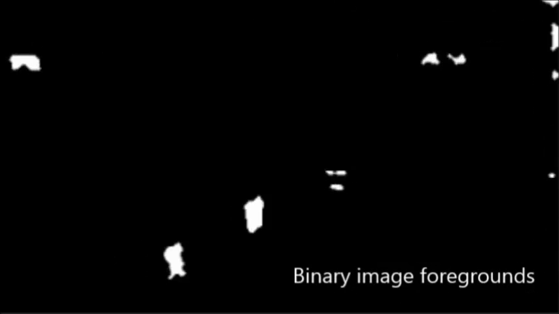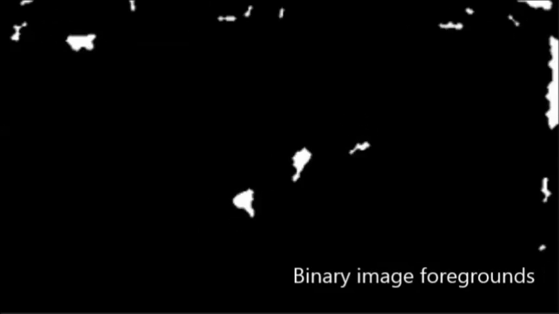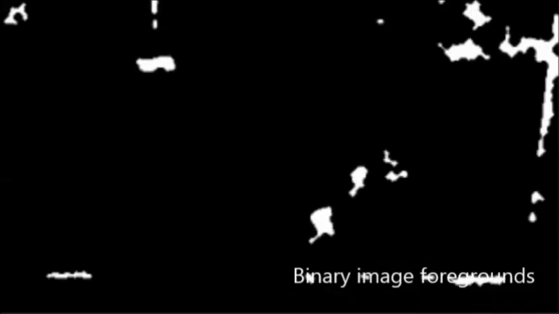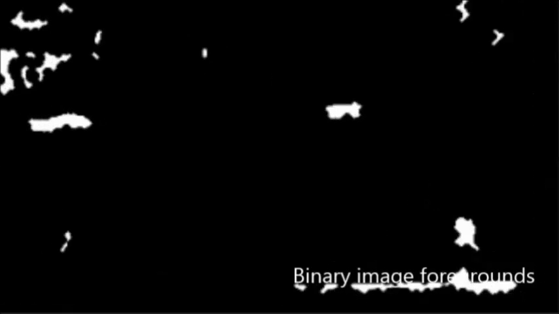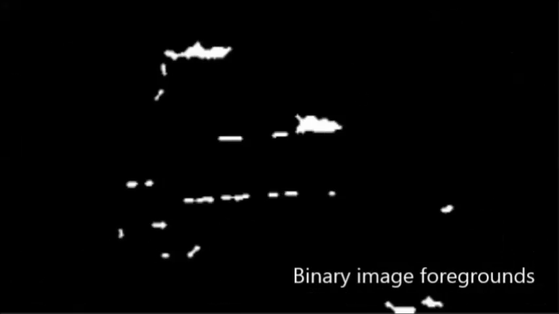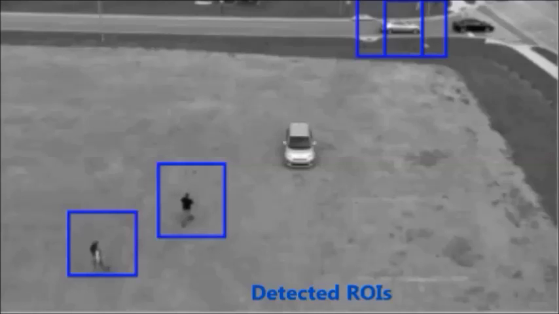The foreground could correspond to a real moving object or possibly a static object due to non-perfect stabilization. Morphological operations are applied to eliminate small regions, and the connected components are found to obtain the final regions of interest. Those detected regions of interest appear here with the blue boxes.